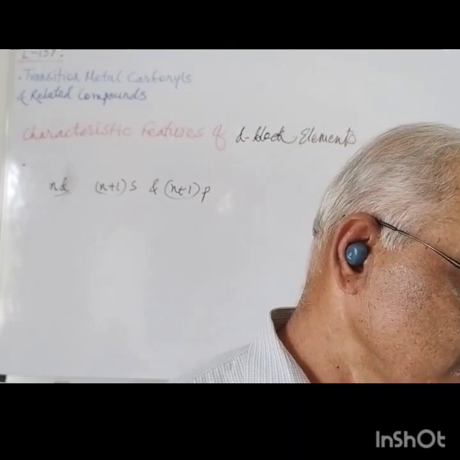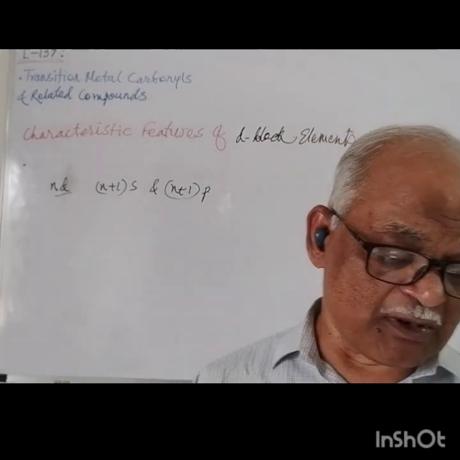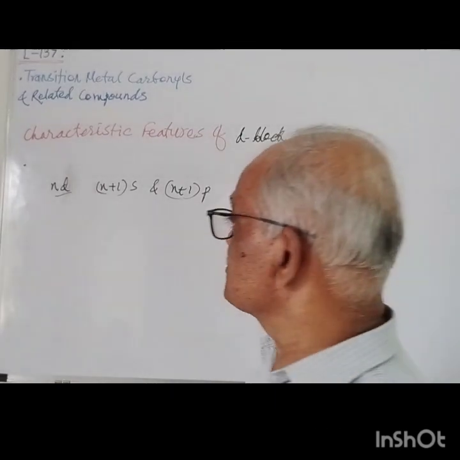So the metal ions have the ability to form complexes with neutral molecules.